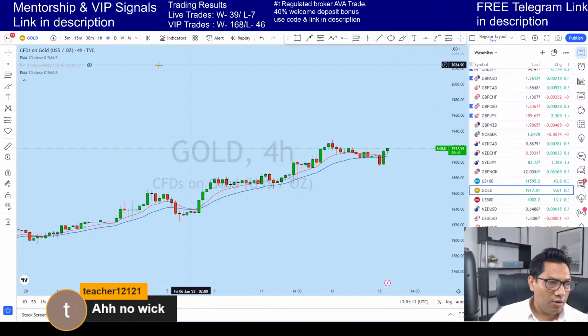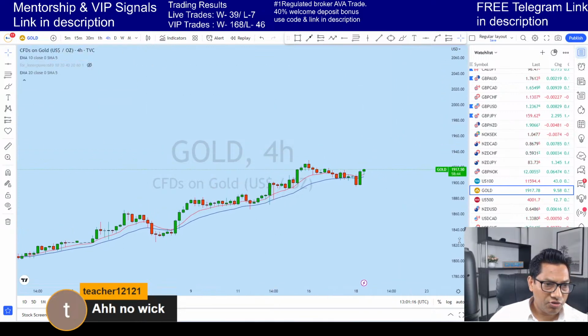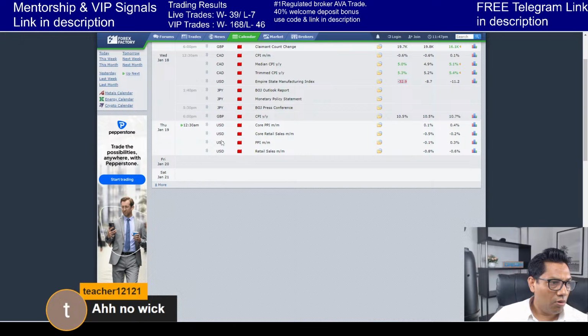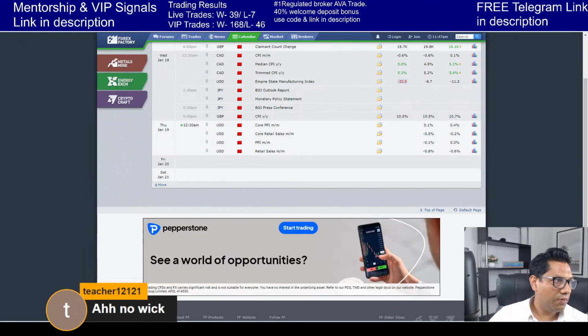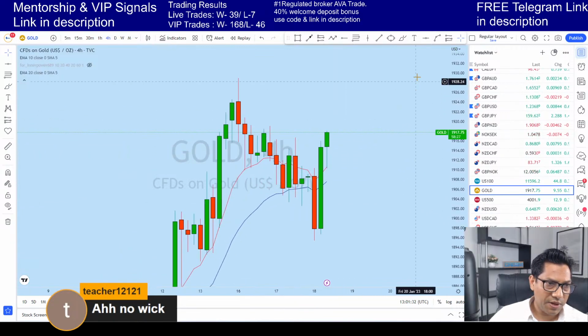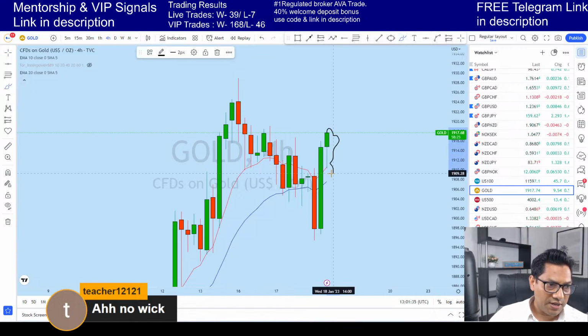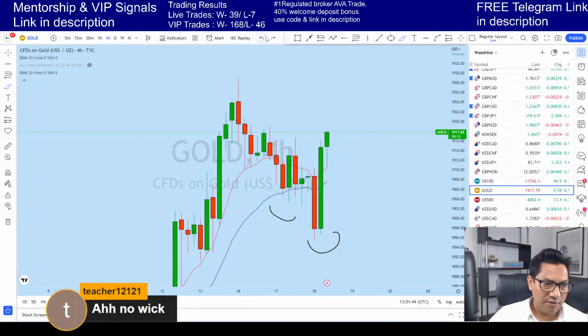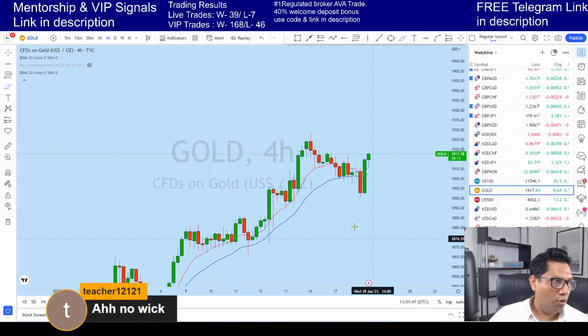So looking at the lower time frame for entry on gold, you can see the news is coming in just 30 minutes, and after this bullish engulfer, the price slowly pulls up. But I'm expecting the price to come back down again, probably to test this 20 MA, and then give us a possible inverted head and shoulders, then we can expect to go long on gold.